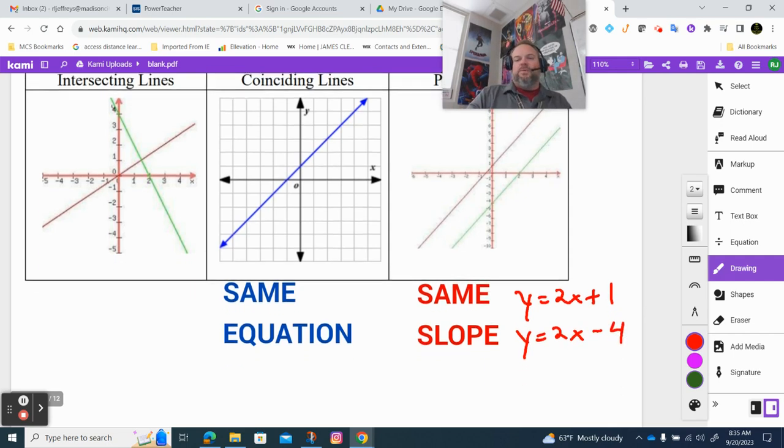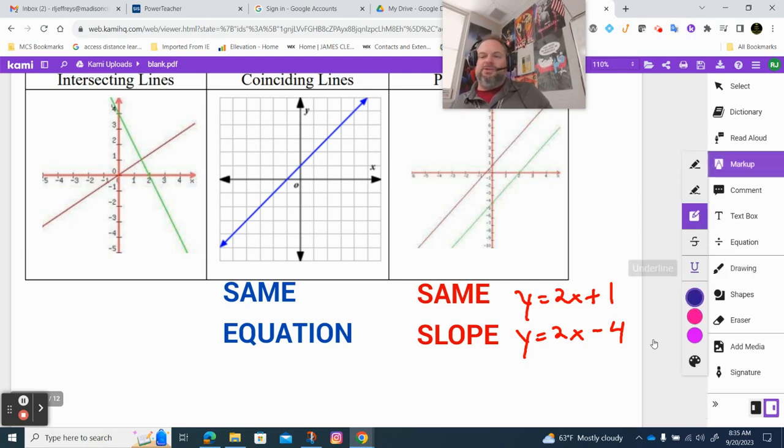If you pay attention to your equations, you can actually not have to graph them to get the answer. If you write them both in that form and you notice they have the same slope, I would not even plot the first y-intercept. I would just stop and put no solution, because they're not going to touch.